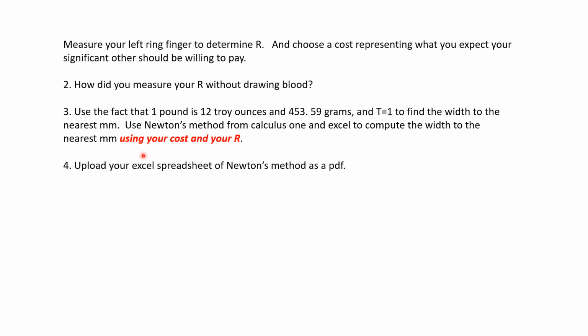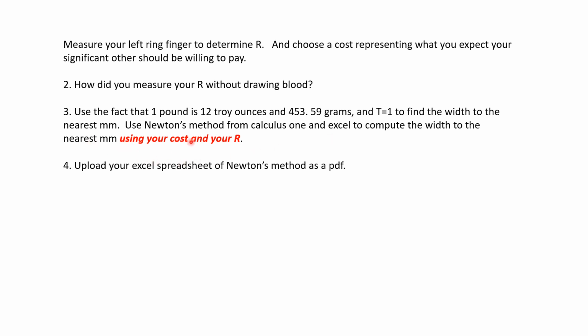So you want to find the width to the nearest millimeter of your ring. And then use Newton's method from Calculus 1 and either Excel or some other programming language to compute the width, W, to the nearest millimeter.